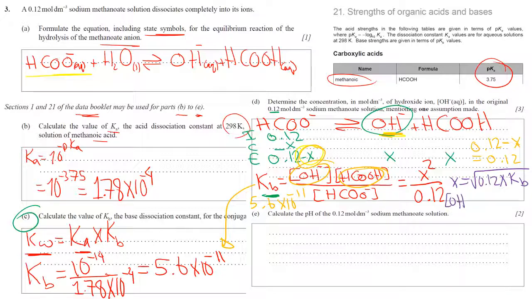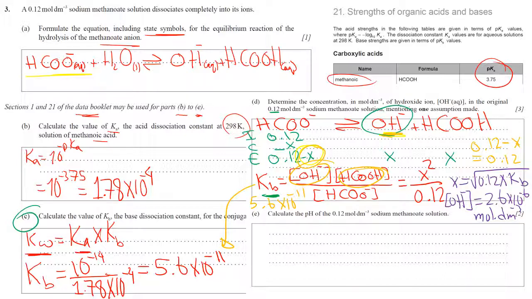After using the calculator, the concentration of OH negative will be 2.6 multiplied by 10 to the power negative 6 mole per decimeter cube.